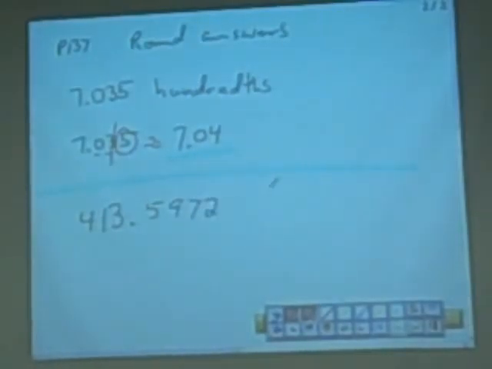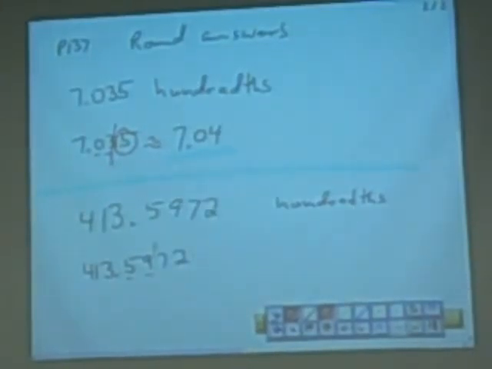413.5972, and we want to round that to the nearest hundredths. Alright, so I'm just going to rewrite this. 413.5972, and we're going to go how many places over?